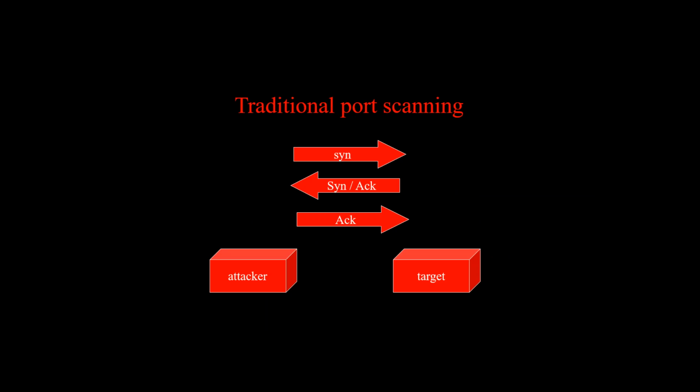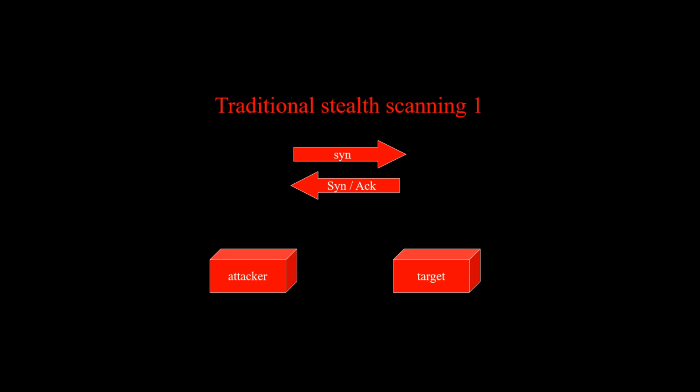Okay, now what happens in a port scan? In a port scan, there's a little bit more to it. You still have the three-way handshake. But when you do the lowercase s, capital S, you send your SYN packet. If the port is open, the target replies with a SYN ACK.